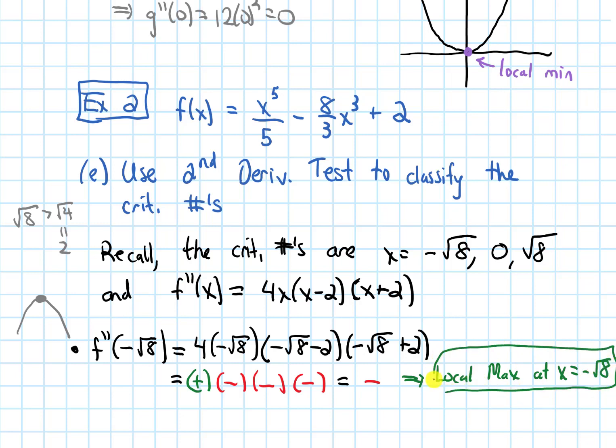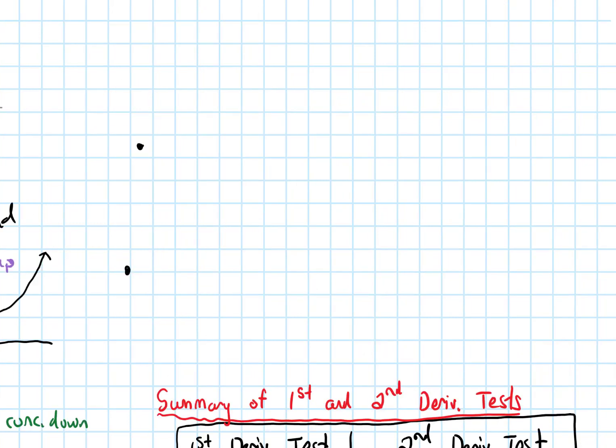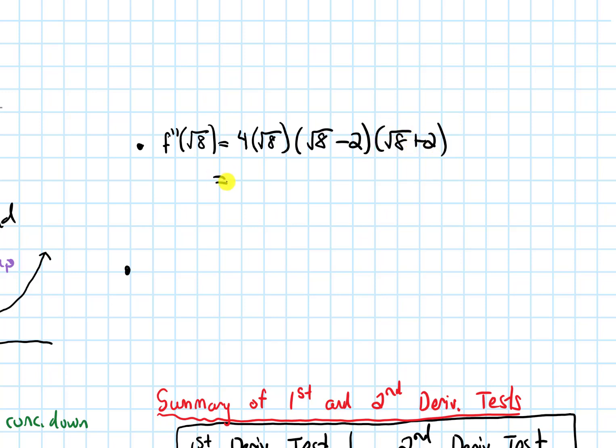Okay, let's test our other critical numbers. Let's do the second derivative now evaluated at positive root 8. We'll get 4 times positive root 8 times positive root 8 minus 2 times positive root 8 plus 2. If we do the same type of sign analysis, 4 is positive, root 8 is positive, root 8 minus 2 is going to be positive because we already saw that root 8 is bigger than 2, and root 8 plus 2 is definitely positive.